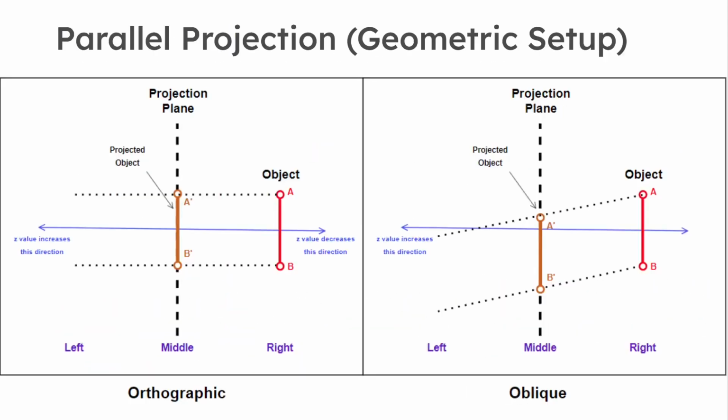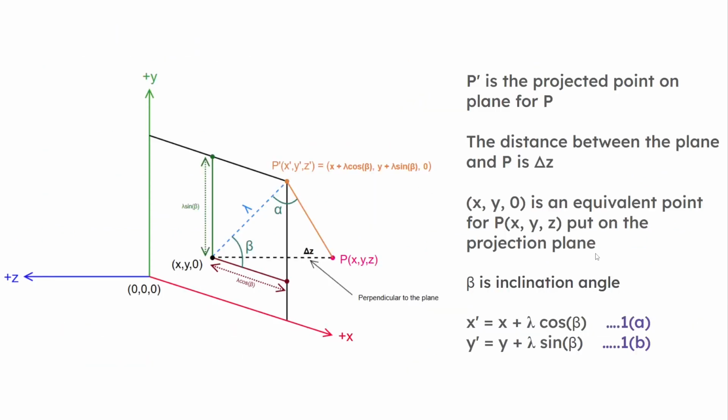So if we go a little back, for oblique projection, this was our object and this was our object's projected image. It appears a bit shifted or tilted. Now, how to calculate these offsets for X and Y? First, we consider a point equivalent to our target point P, but on this plane. So this black point is actually residing on this plane.